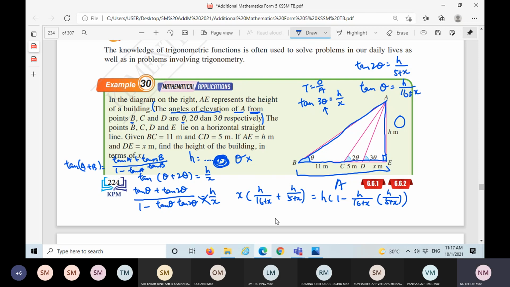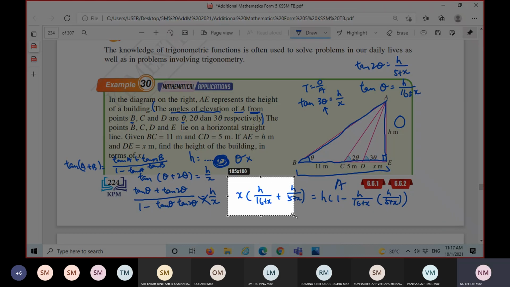I think it will look better. Remember your question is H must be on the left. So now you have to try to rearrange. It looks complicated. I capture this.